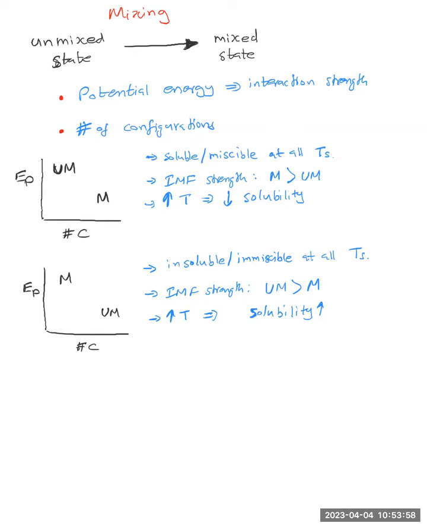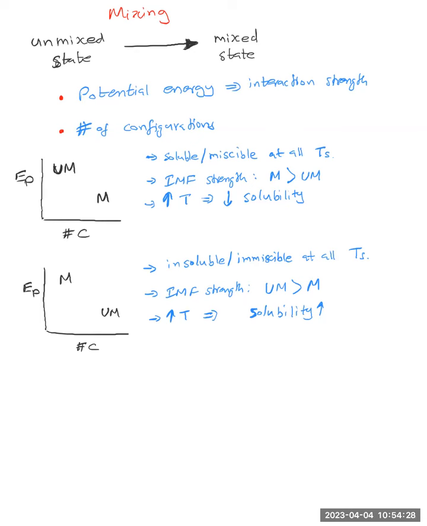But remember, if we have this PEC diagram over here, it will never be soluble. It will slightly make it more soluble than before, but you will have more insolubility compared to the solubility. More of the unmixed state compared to the mixed state at any given temperature. Okay, so those are the two obvious things that we can think of.